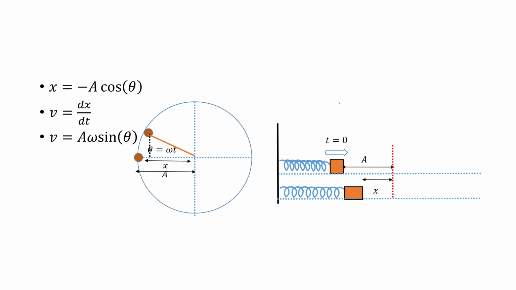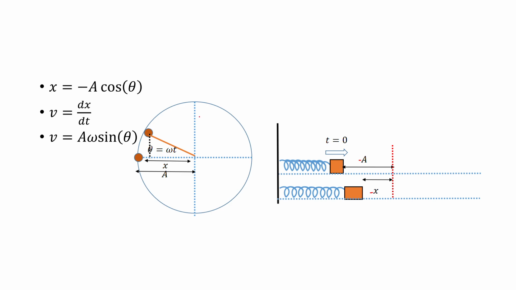Similarly, in the third case, when the particle is moving from its other extreme position, that is from minus a, and this should be minus x. If the particle has moved a distance, suppose delta x, the magnitude of displacement will be a minus x. However, since it is in the negative x direction, it will be minus delta x.